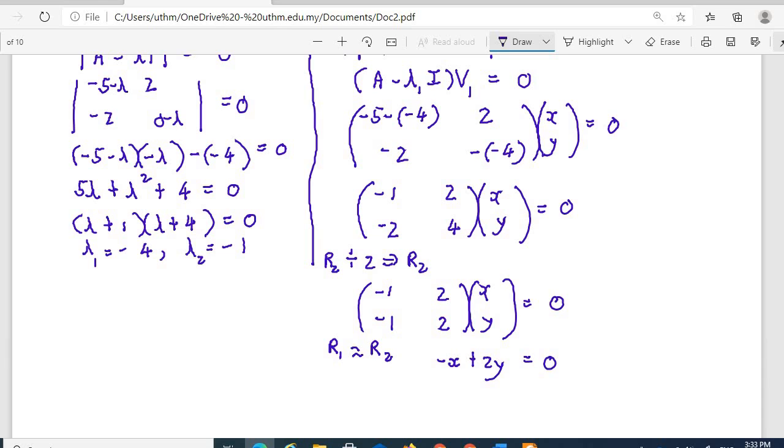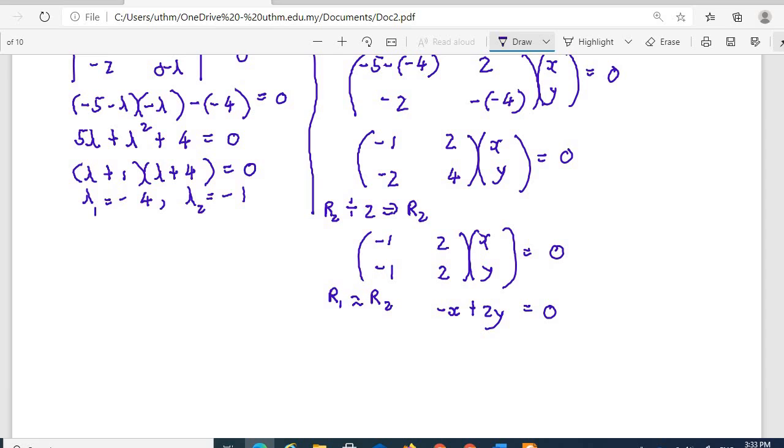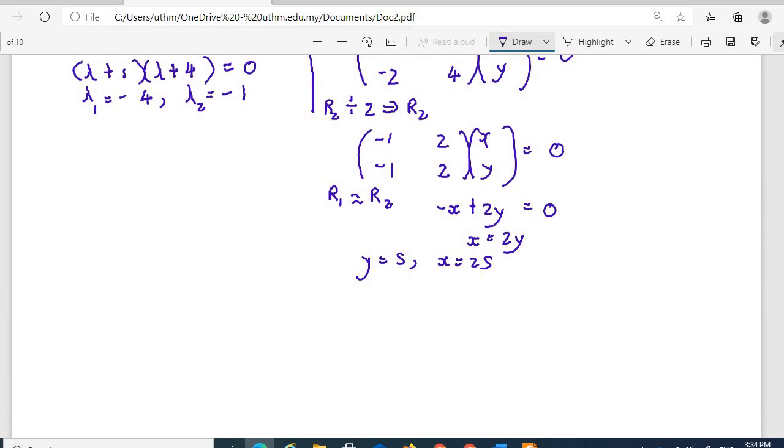Again, you see here, negative 1 times x plus 2 times y. It's basically make use of matrix multiplication, rows times columns. So negative x plus 2y equal to 0, so x will be equal to 2y. If you let y equal to s, x will be 2s. And we have x, y, so x is 2, y is 1, times s.